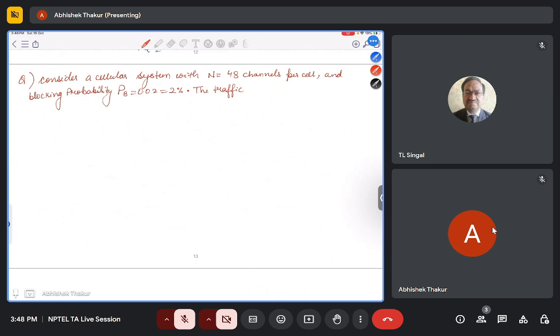The traffic per user is A naught is equal to 0.04 E. The cell radius is 1 kilometer, as shown in figure.